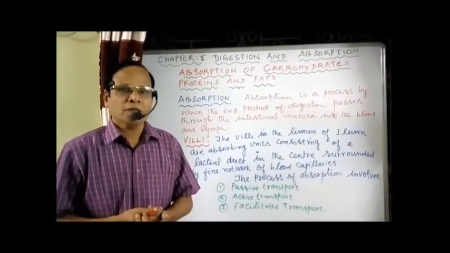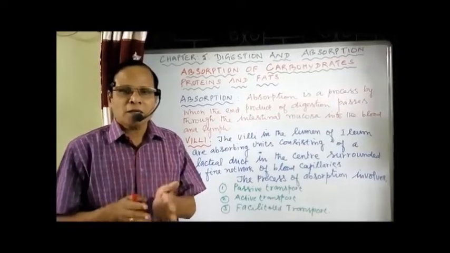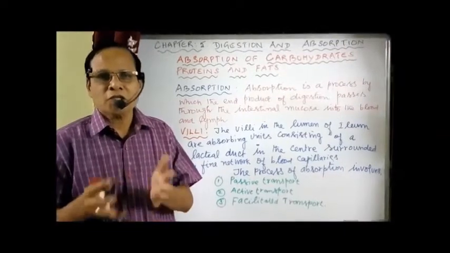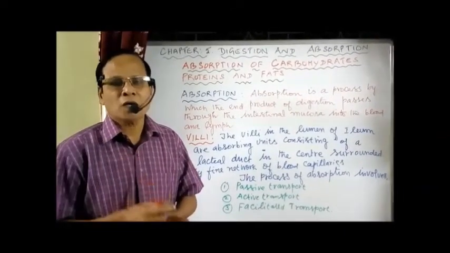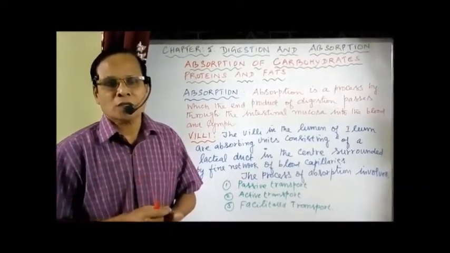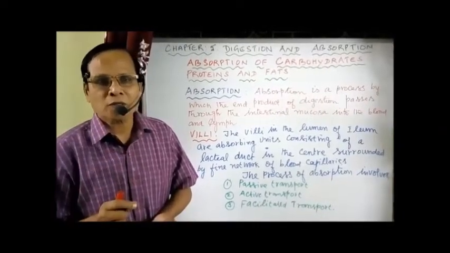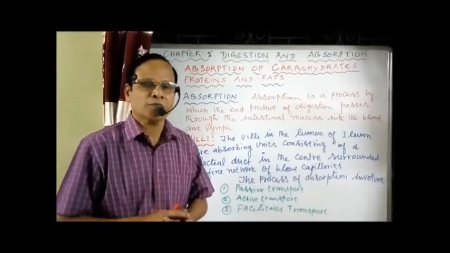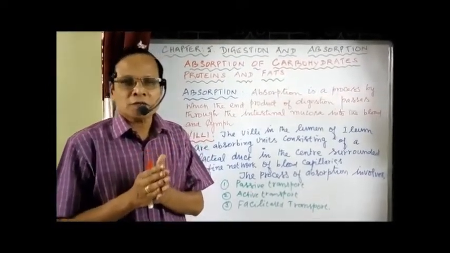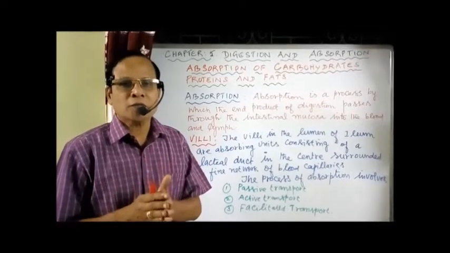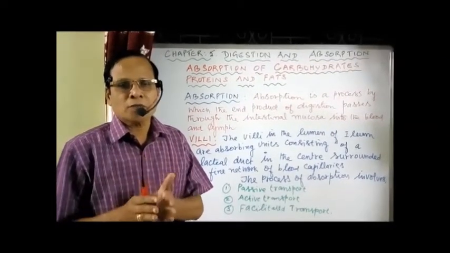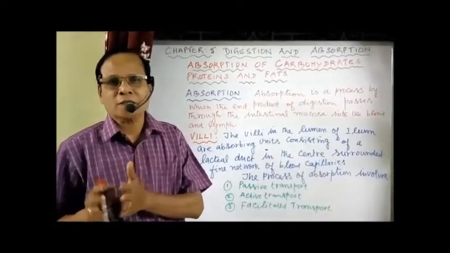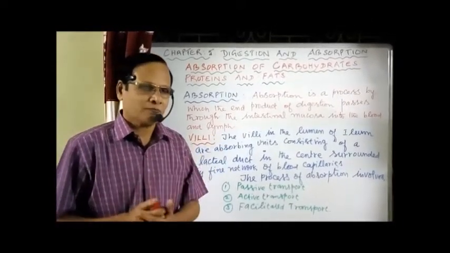The hormonal control of digestive juice is normally stimulated by local hormones, meaning hormones released by the wall of the intestine itself. So the hormonal control of digestive juice is normally stimulated by the local hormones of the gastric and intestinal mucosa. This is a simple regulation.